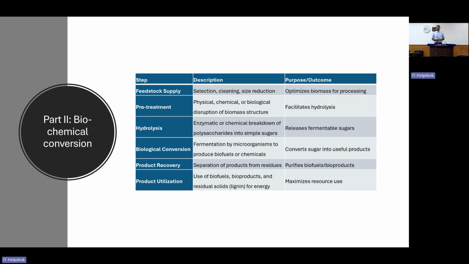In biochemical conversion there is mostly microbial action through hydrolysis, fermentation, or aerobic or anaerobic digestion. From aerobic and anaerobic digestion, mostly biogas is produced, which is high in methane, and from hydrolysis and fermentation we mostly get liquid biofuels, which is bioethanol.